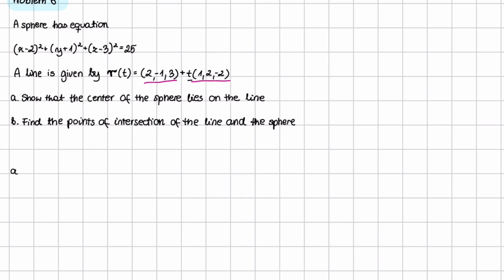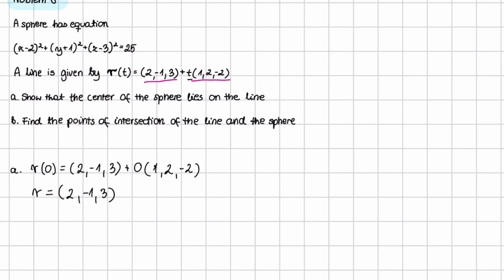So r of 0 equals, in bracket, 2, minus 1, 3. And here we have 0 in front of our bracket, so basically this bracket is 0, so r equals 2, minus 1, 3. So we show that the center of the sphere lies on the line.